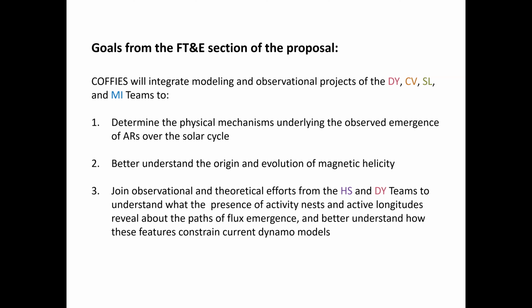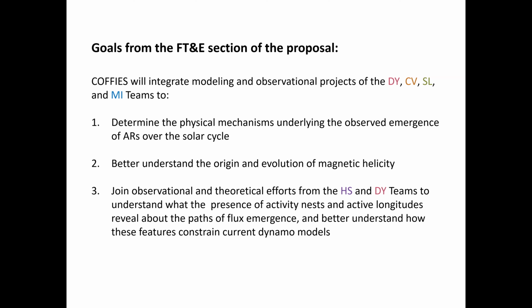We want to better understand the origin and evolution of magnetic helicity, because helicity is a conserved quantity, although we don't directly observe it. And three, to join observational and theoretical efforts from the helioseismology and dynamo teams to understand what the presence of activity nests and active longitudes reveal about the paths of flux emergence and better understand how these features constrain dynamo models.